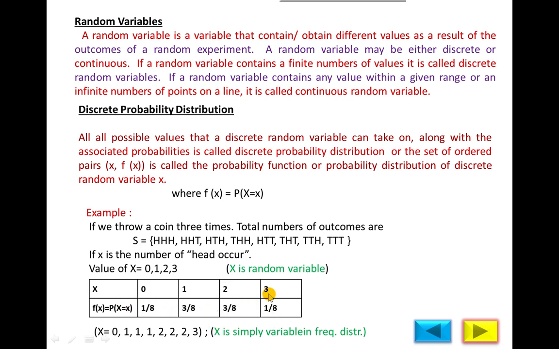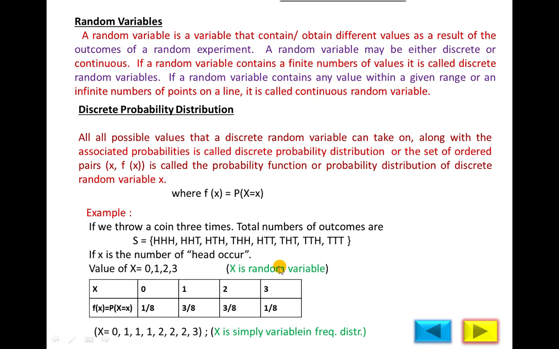If you represent the values of x with frequencies in the form of a group, it is called a frequency table or frequency distribution table, because in a frequency distribution table we distribute the frequencies. In a probability distribution table we distribute the probabilities. The sum of the probabilities is always equal to 1. If you add all these values, it will be equal to 8 upon 8, equal to 1. So this is the difference between a variable and a random variable.